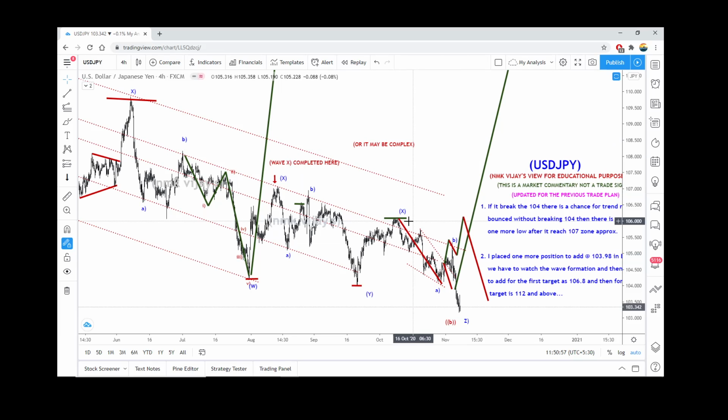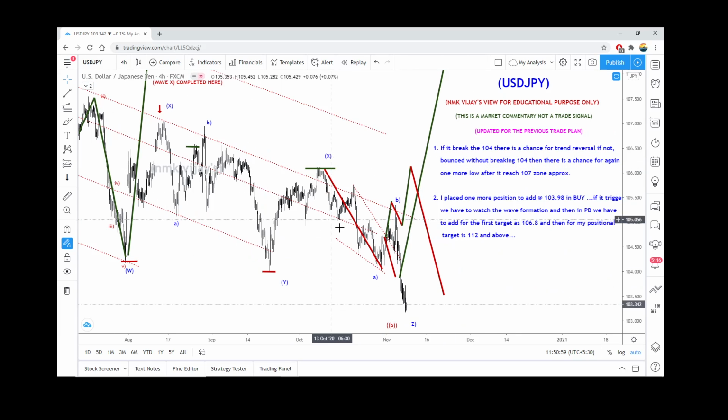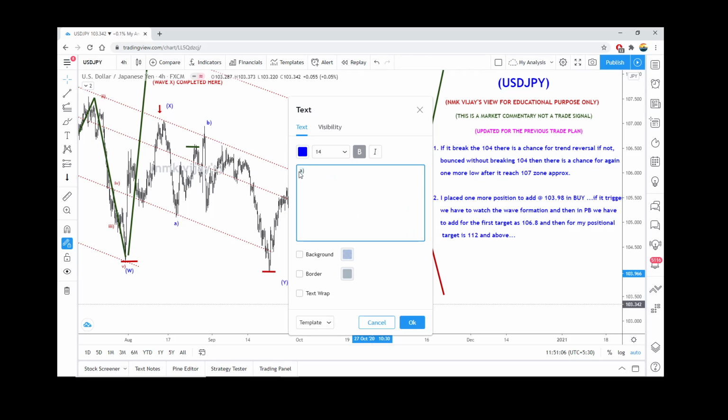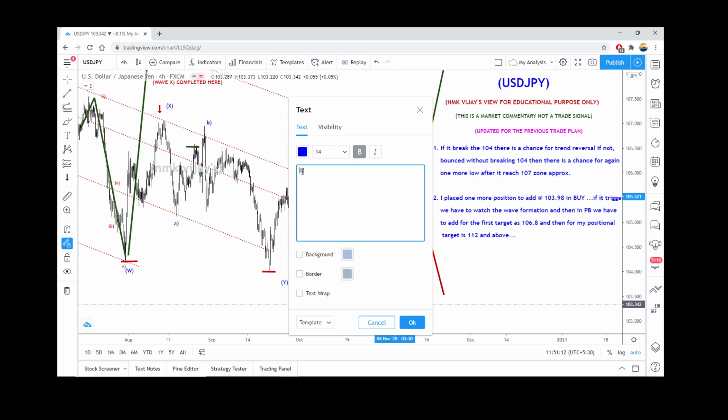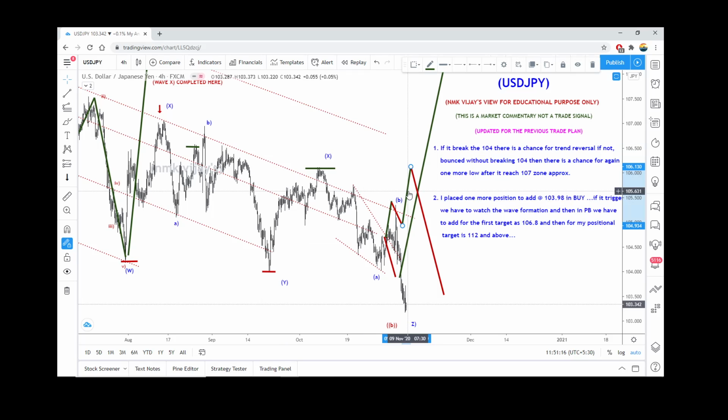It's an X. So A in a wedge formation of 5-wave structure, so we need to make it a double bracketed A. And then this is the B. So now C is yet to complete or already completed.